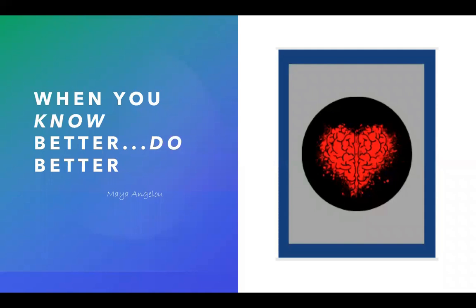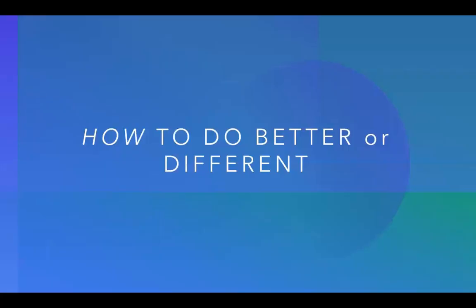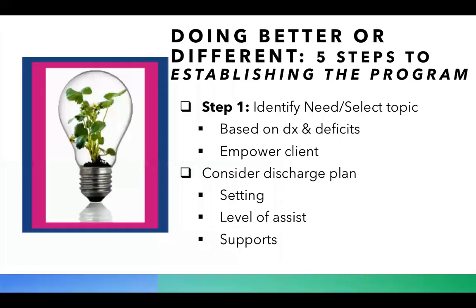As always, we talk about when you know better, we do better. So for this week, we're going to talk about how to do better or different using step 1 of the 5-step path to creating a home program.